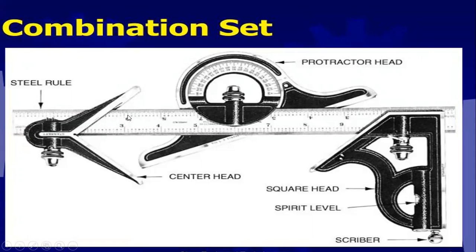This is the steel rule, and this is the protractor head. This is the center head on the left side, and this is the square head with a spirit level, and it has a scriber on the bottom part. The spirit level is used to check the level.